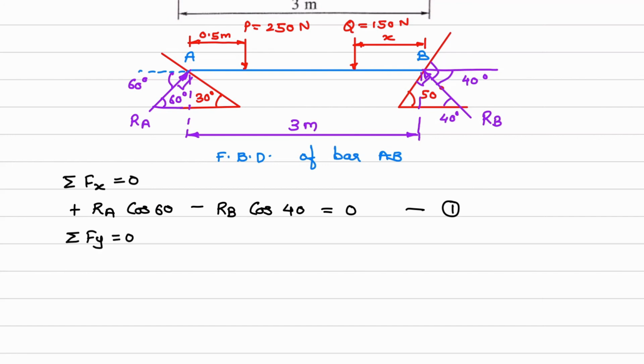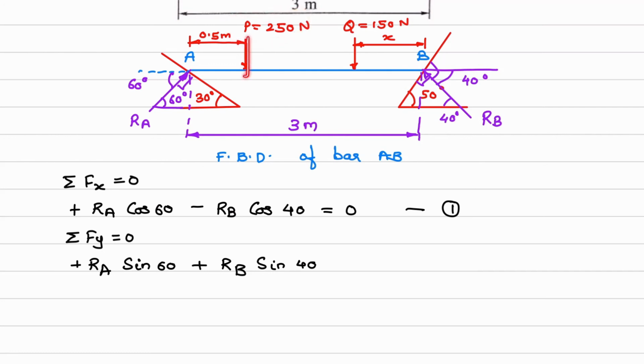Next we will write summation Fy equal to 0. In this case, what will be the y component of this RA? It will be in upward direction, so plus RA sin 60. Then next RB, it is also in upward direction, so plus RB sin 40. Then don't forget the two remaining forces.